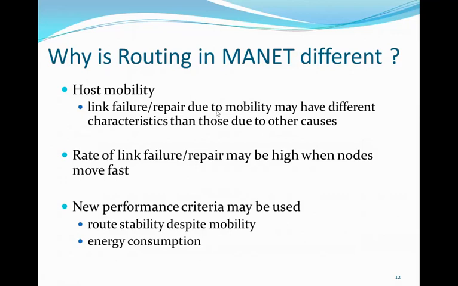Therefore, some more performance parameters that can be used for this type of network are route stability despite mobility, that is, how stable your route is while you are moving and changing your positions continuously. Another important parameter can be energy consumption, that is, how fast you consume your energy, or how fast your battery drains.